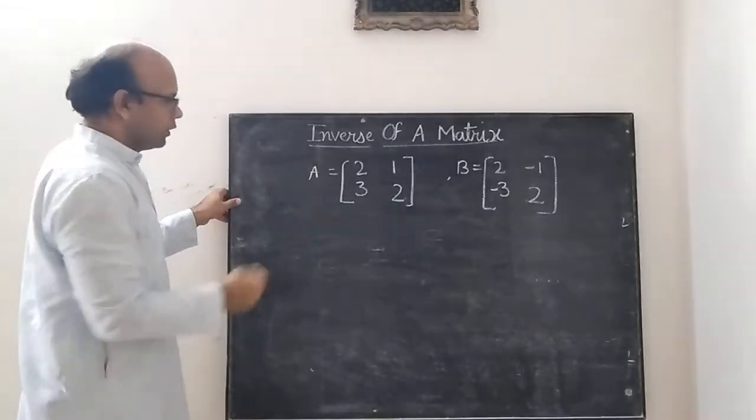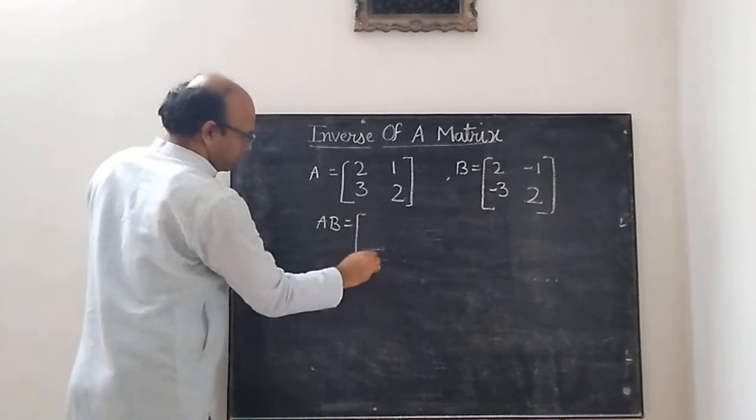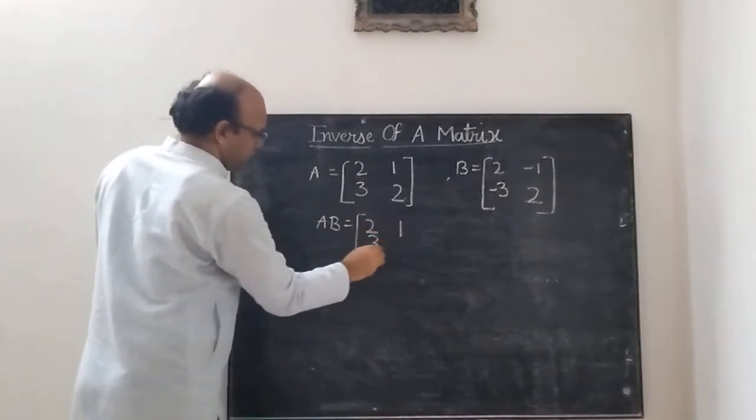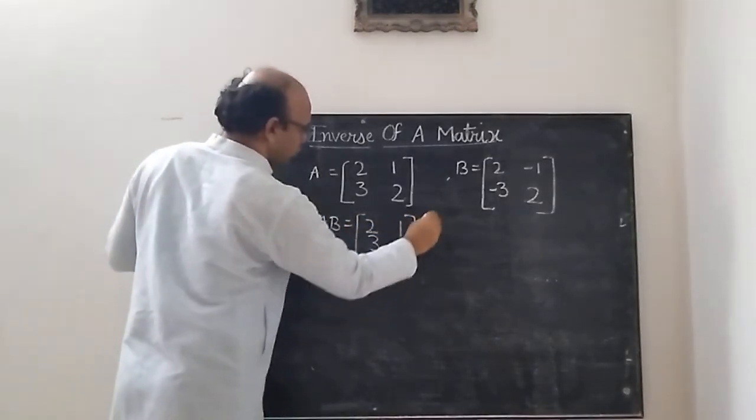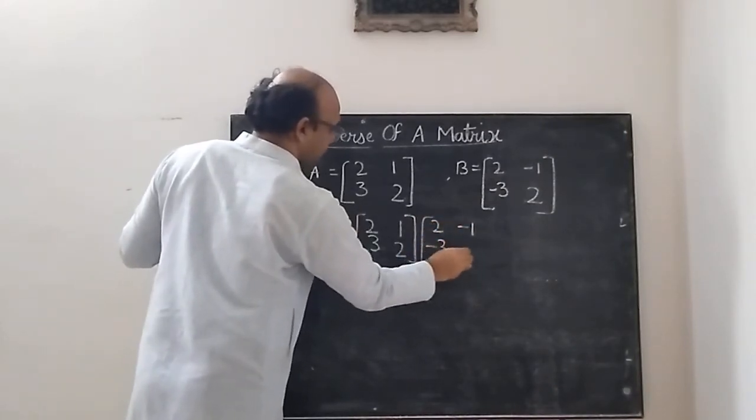Now suppose we take the product A into B. So what will be the result? 3, 2, 2, -1, -3 and 2.